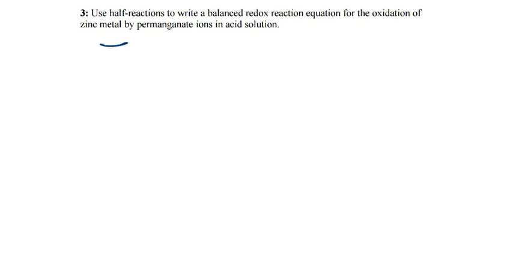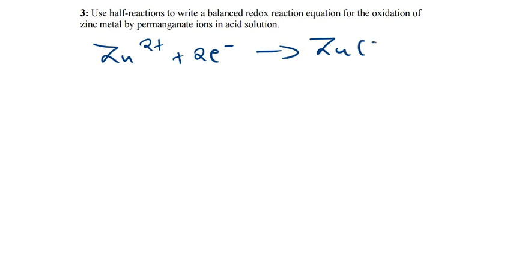So zinc solid metal, which of course in its original form would be something like zinc 2 plus plus 2 electrons is equal to zinc solid. Then the permanganate ions, this is its equation.